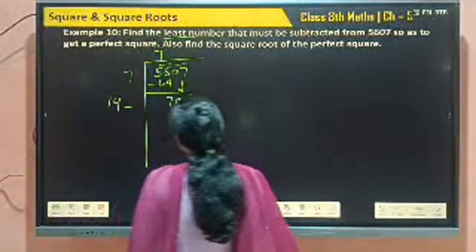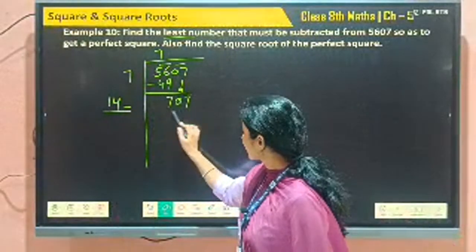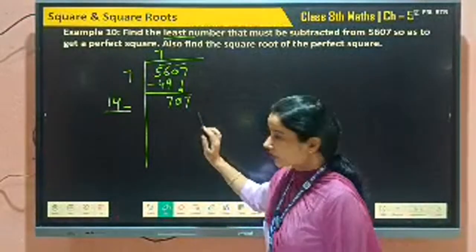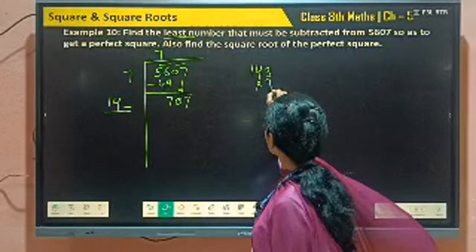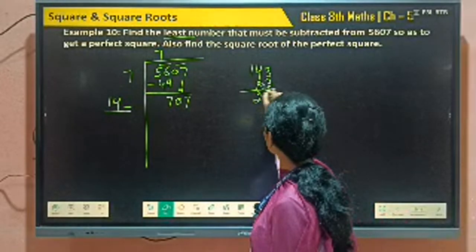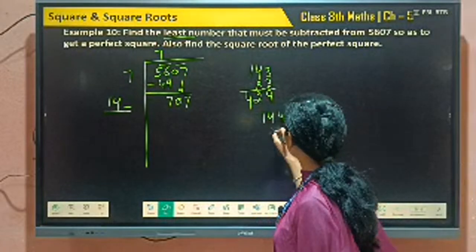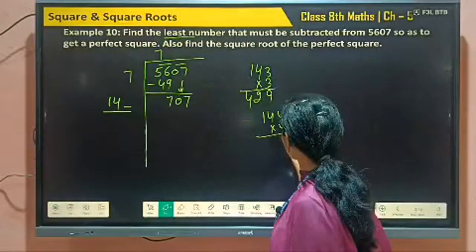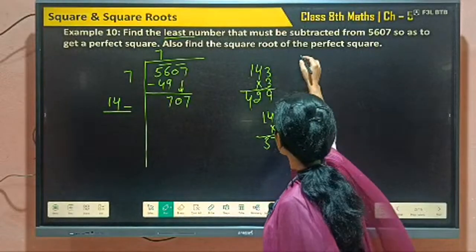So think about a number whose multiplication with this complete divisor is less than or equal to 707. Let us think. Multiply with 3. 3 4s are 12, 3 1s are 3, and 4, 343. Let us do with 4. 4 4s are 16, 4 4s are 16, 17, 4 1s are 4, and 5, 576.